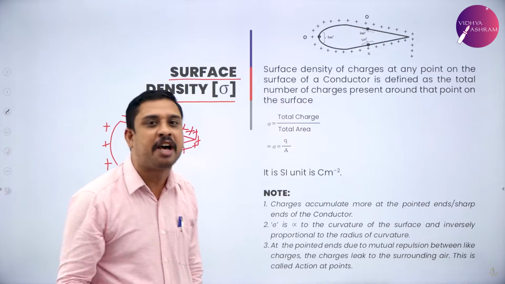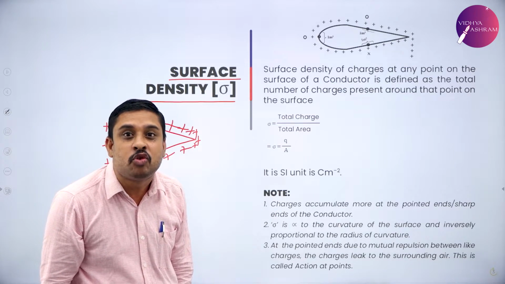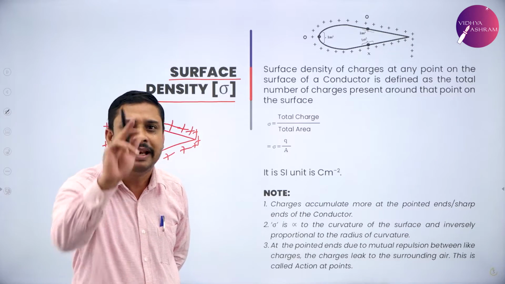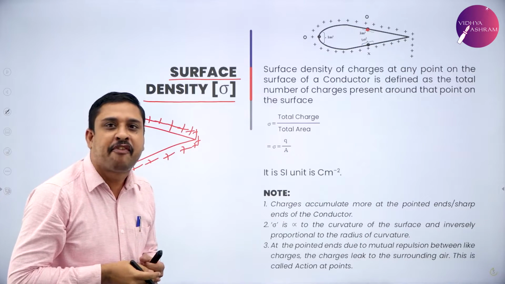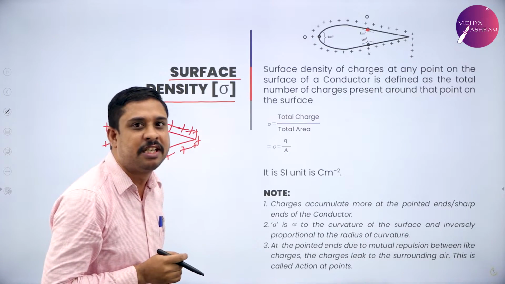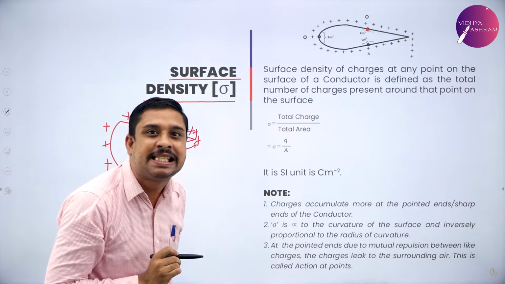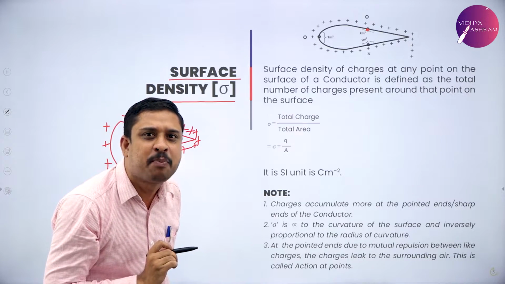Since it is irregular in shape, the distribution of charges on it is irregular. Now, I consider the surface of the conductor. Some point O on the surface of the irregular shaped conductor.